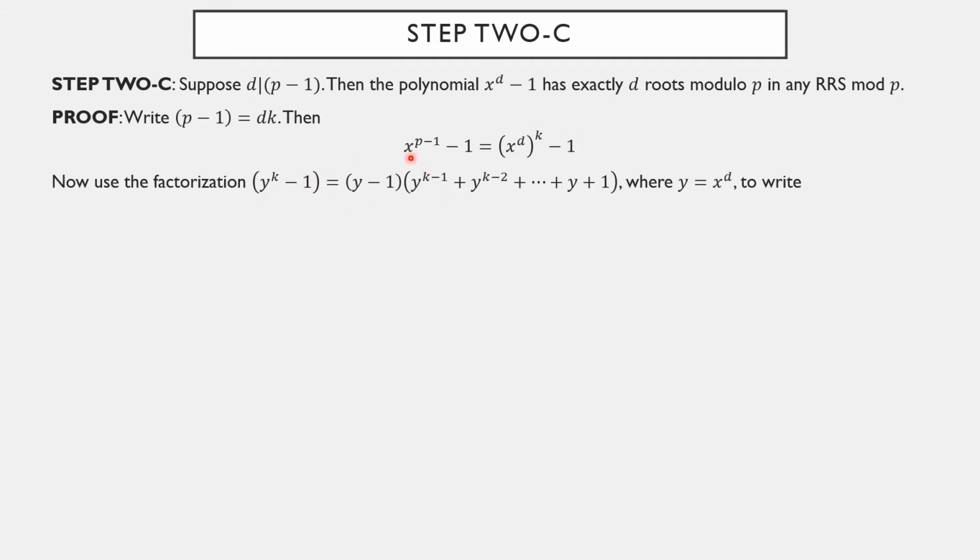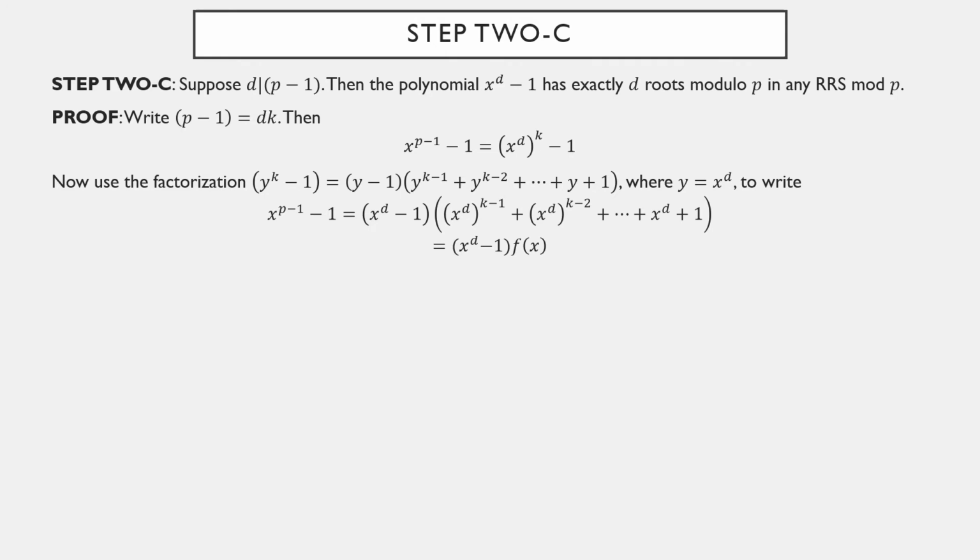So overall, x to the p minus 1 minus 1 is equal to all of this where I make this substitution. So it is x to the d minus 1 times x to the d to the k minus 1 plus x to the d to the k minus 2 plus up to x to the d plus 1. Now all of this in parentheses I'm just going to call f of x for simplicity, okay?